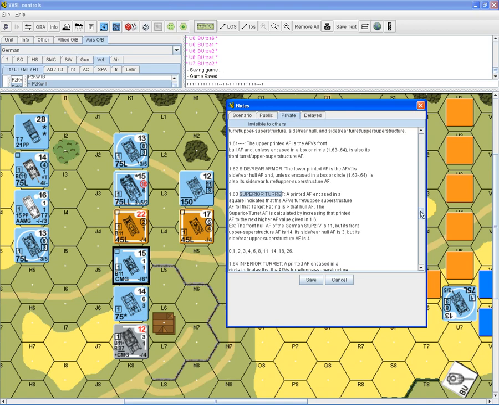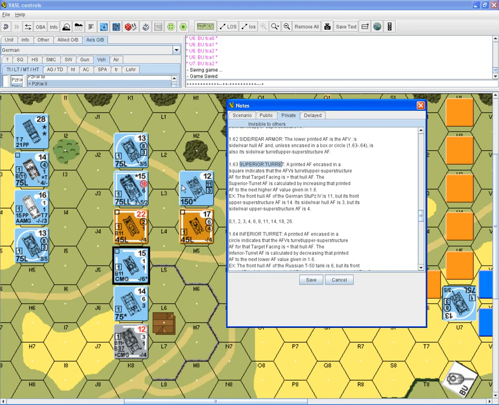So in this case, if we look at our example here, this is the German StuG Panzer IV. It has a hull armor value for its front of 11, but its upper structure, in this case, is a box, which represents that the upper structure is slightly tougher, more armored.